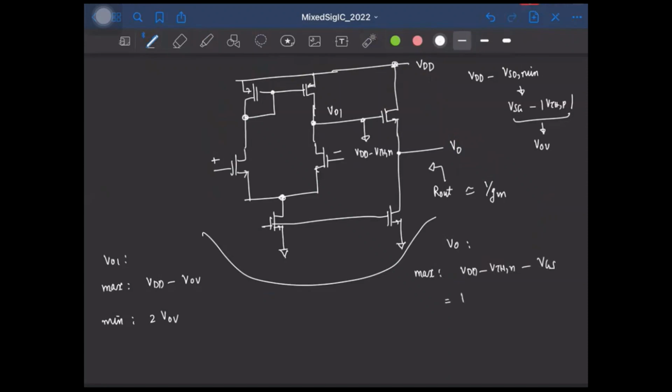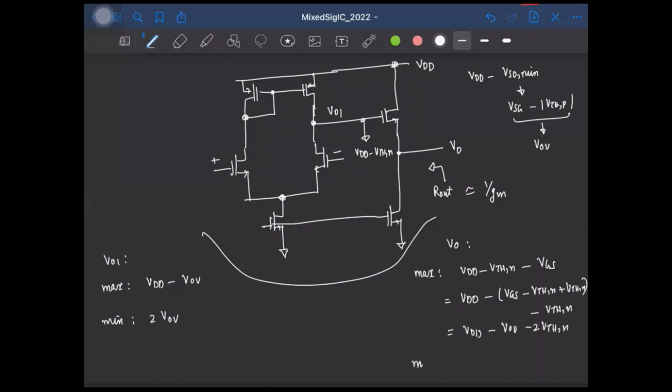And this we can simply rewrite as VDD minus VGS minus VTHN plus VTHN minus VTHN, right?